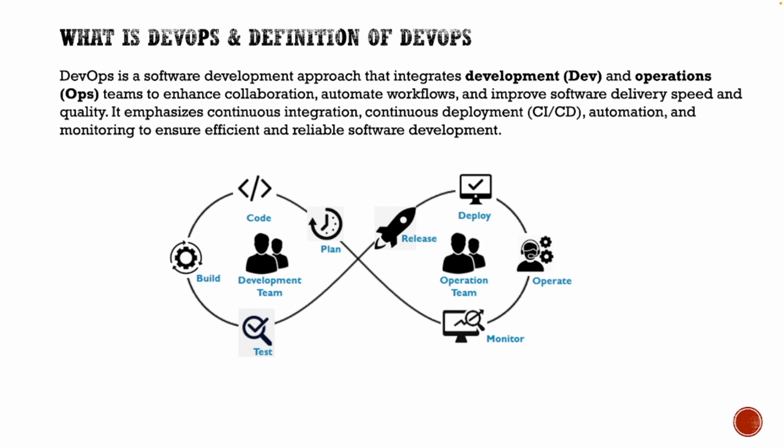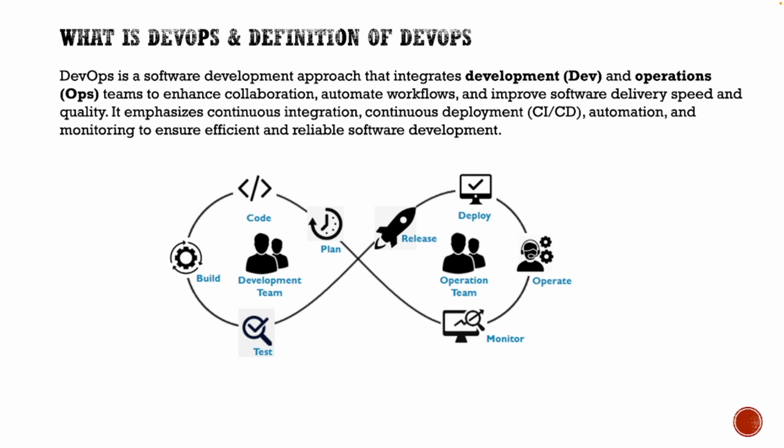DevOps establishes collaboration between the development and operations teams, and also ensures faster and more reliable software delivery, right?